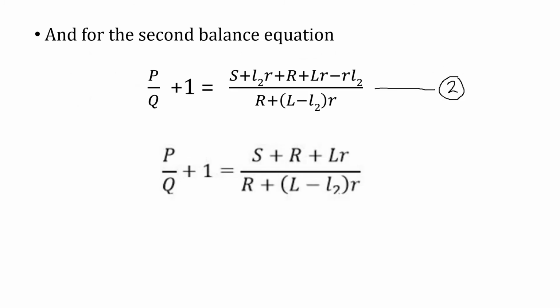And for the second balance equation, P by Q plus 1 equal to (S plus R plus L r) divided by (R plus (L minus L2) into r). Let it be equation number 2. Then P by Q plus 1 is equal to (S plus R plus L r) divided by (R plus (L minus L2) into r).